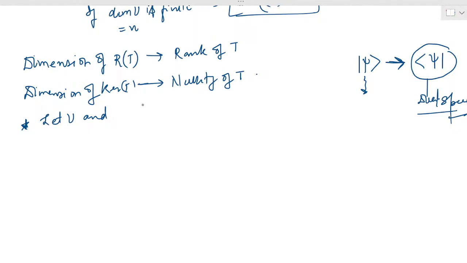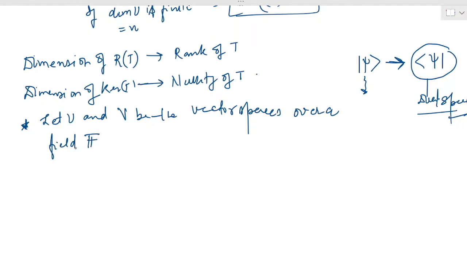And let me write a beautiful theorem. Let U and V be vector spaces over a field F, and we'll focus on all these things tomorrow. Let the dimension of U be simply n, and let us define a linear transformation T from U to V, or in physics you would say a linear operator.